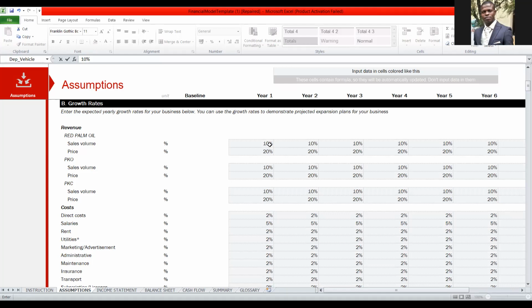Is it 10%? So if you are a new business, if you are a startup, all this place should be 0. As a startup business, this is your base information. Since you don't have the base information for your year 1, everything here should be 0.